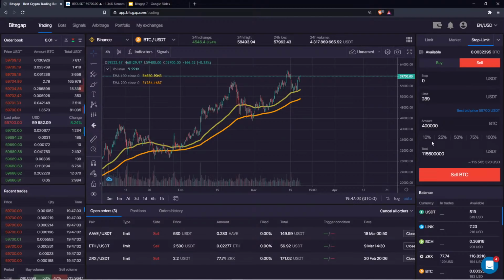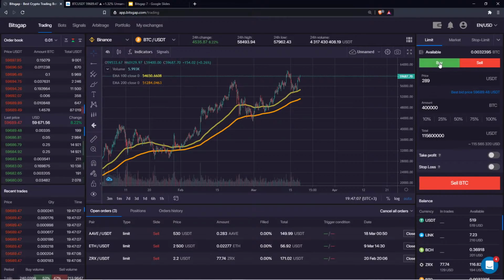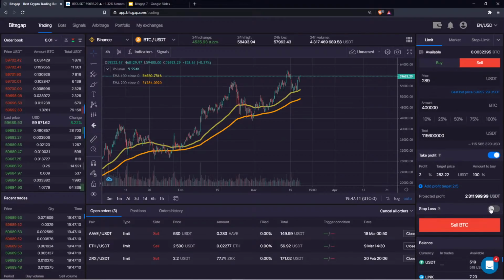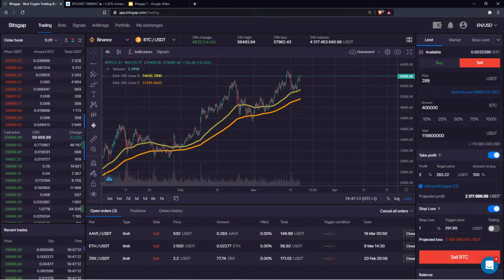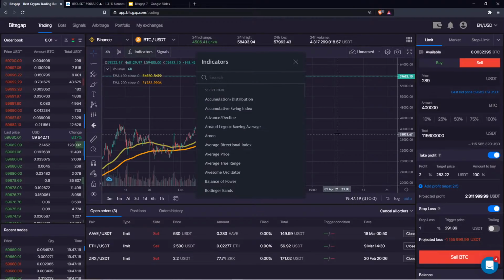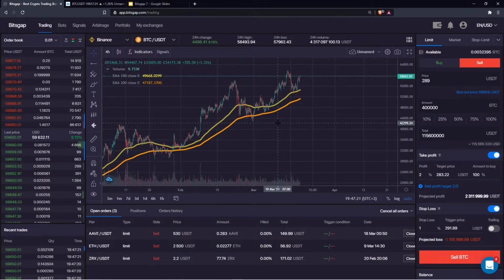Okay, so you literally have everything at your disposal, everything that you need to have smart trades. That's why they are called smart. You can have the projected profit, the projected loss, to estimate your risk to return ratio and all this stuff, all indicators to analyze the market sentiment, everything here at your disposal.